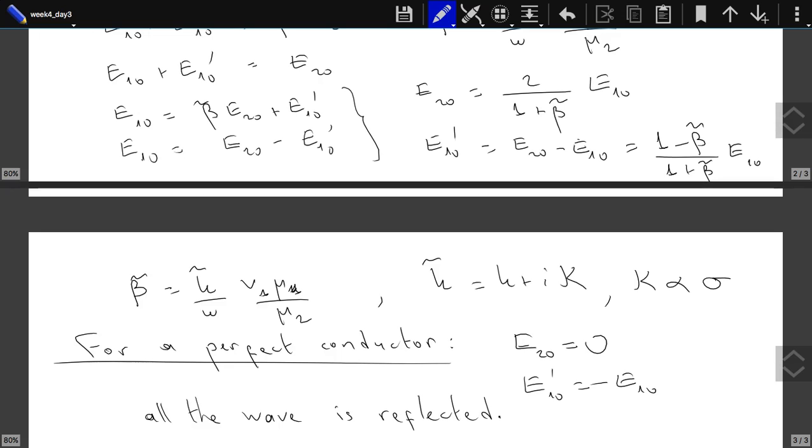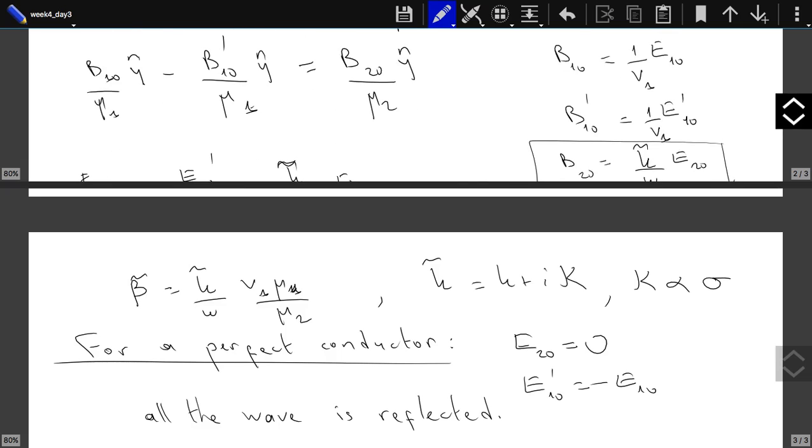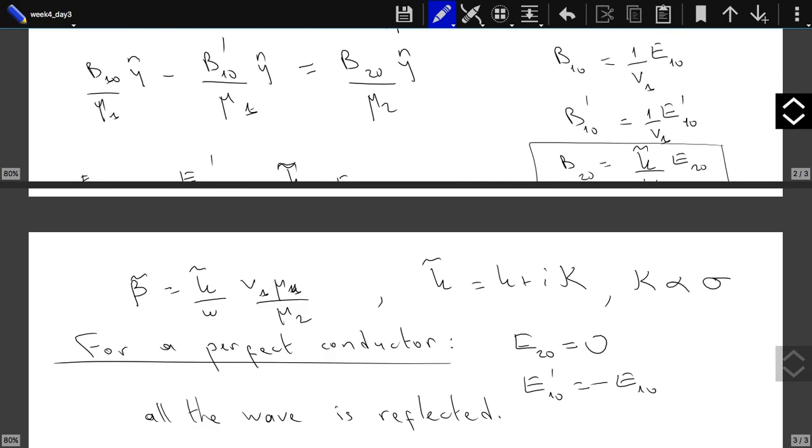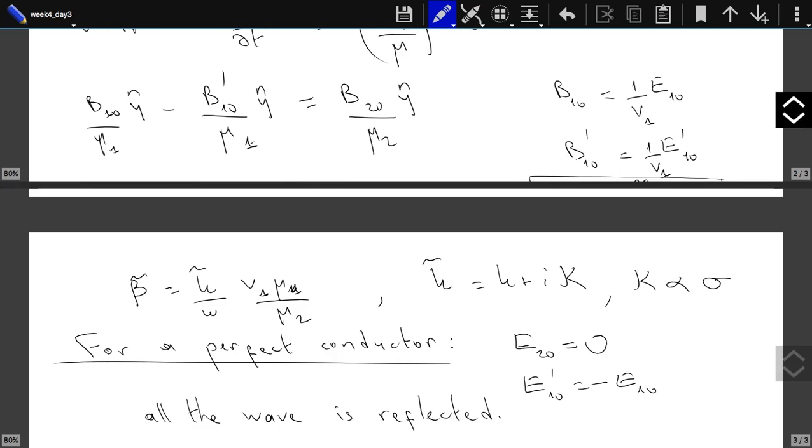Well, you see, the E field and B field, they are related to each other. If the E field is perfectly reflected, so it should be the B field. I mean, the E field and B field, you cannot separate them. You see, if you look at these ones, you see B10 is given by that expression.